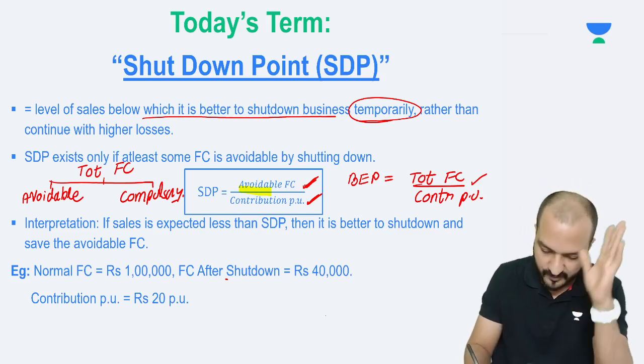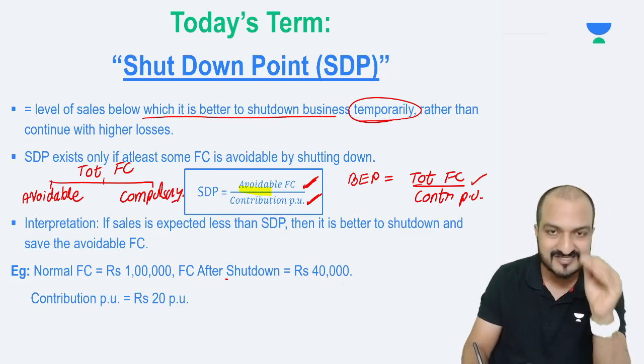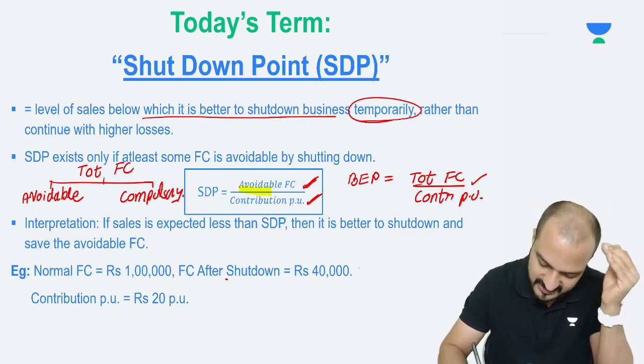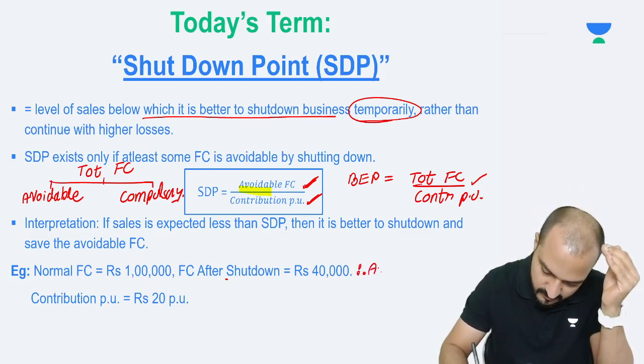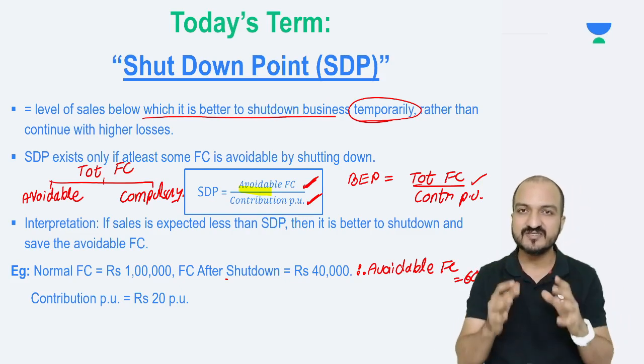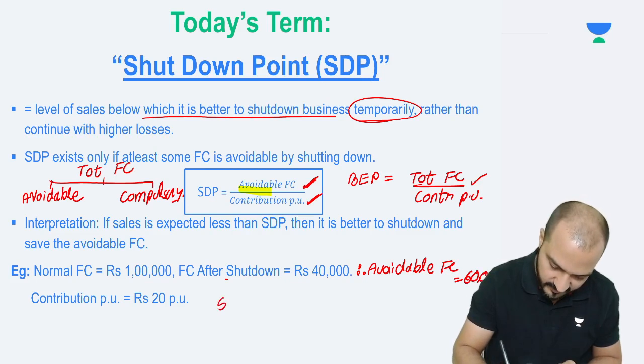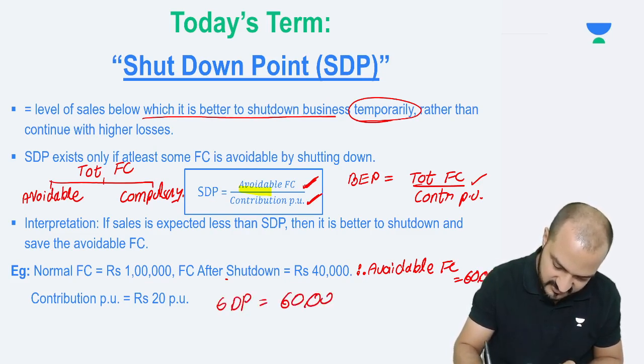For example, say my normal fixed cost is 1 lakh. After shutdown, my fixed cost will still remain 40,000. So how much is avoidable? Therefore, avoidable fixed cost is the balance 60,000. So shutdown point will be as per the formula: 60,000 is avoidable fixed cost.